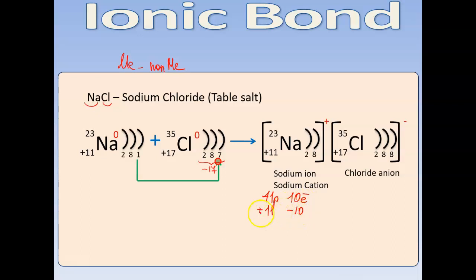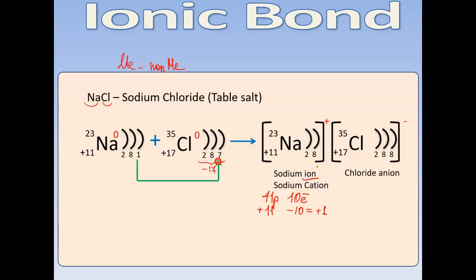Together, if we add one to another, we get plus 1. That means that now it's not an atom, because we know atoms are neutral. This particle has the charge sodium plus 1, or just plus. Now it is not an atom, it is an ion.